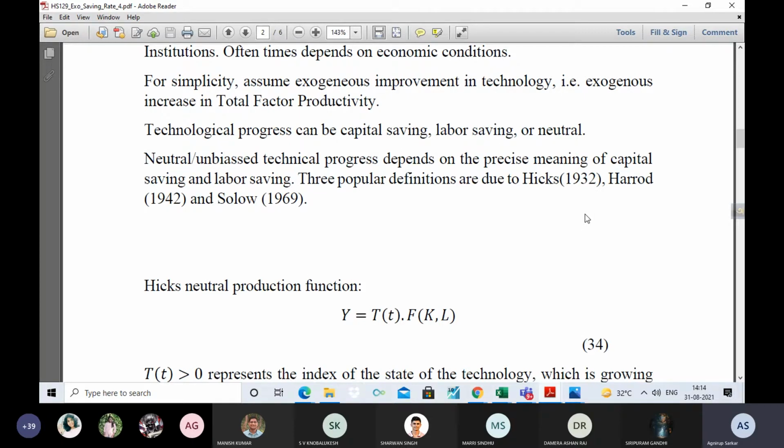And if that is the case, then for a production function, we can say that it possesses the feature of a Hicks neutral technology.